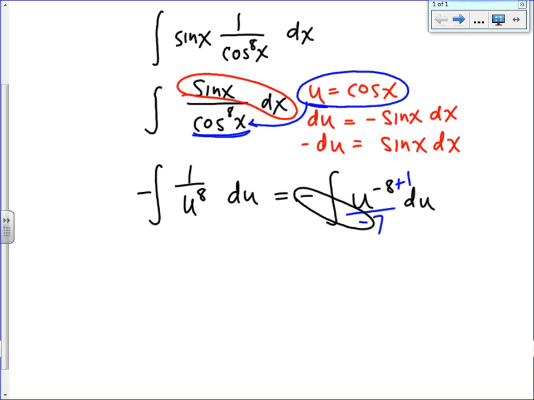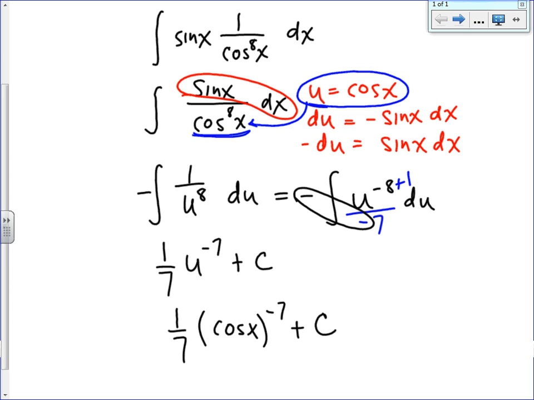So this would be 1/7 u to the negative 7th plus c, which now we bring our u back in. So this will be 1/7 u, which was cosine of x, to the negative 7th plus c.